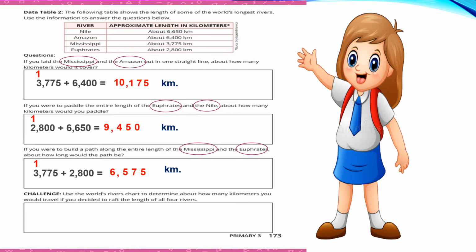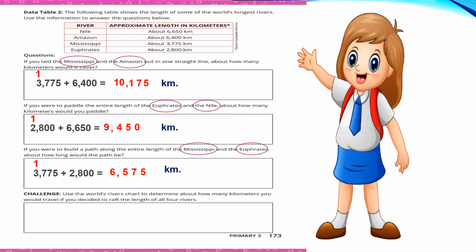The last one is a challenge. Use the world rivers chart to determine about how many kilometers you would travel if you decided to raft the length of all 4 rivers. All 4 rivers.